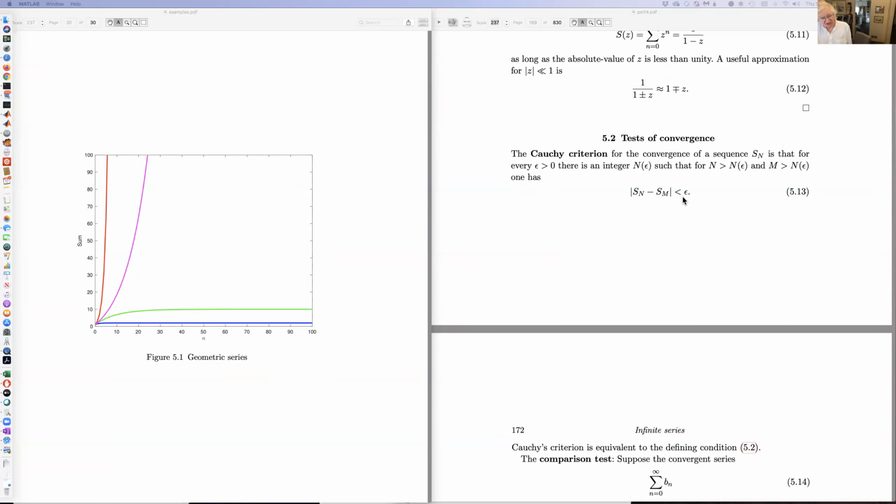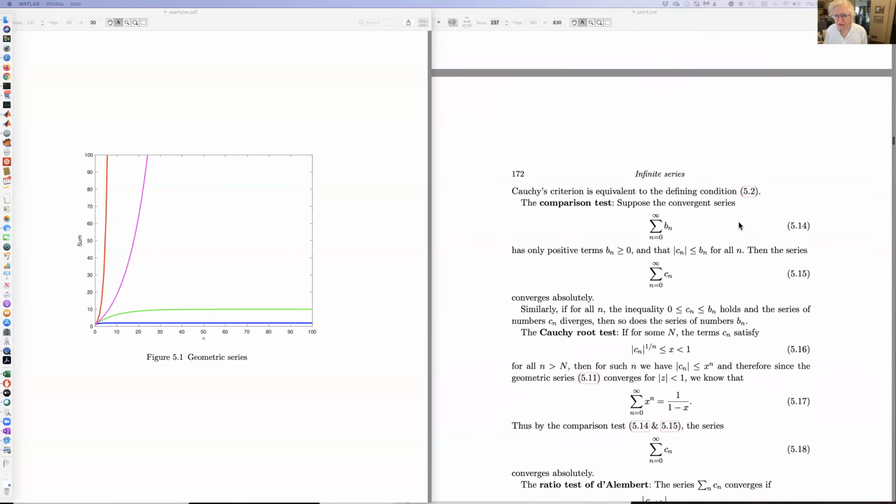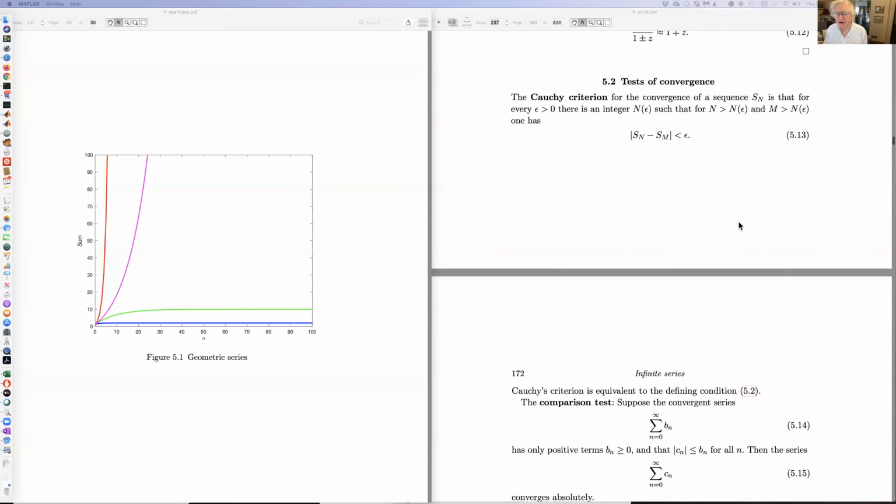And that's equivalent. I'm not going to prove it. Maybe some of you can prove it in your heads, but I'm going to skip that. But now you see this is very useful because all you need to know is what the partial sums are. You don't need to know the exact limit of the series.